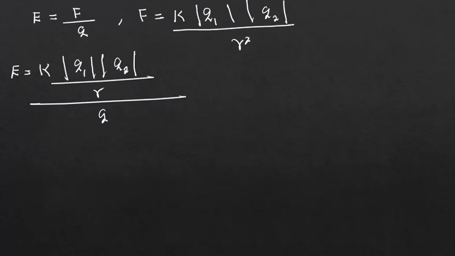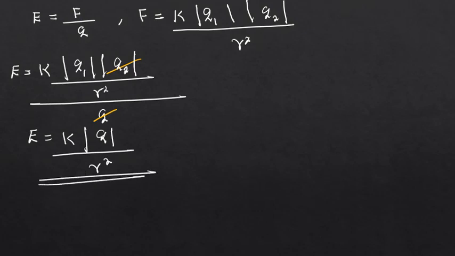So from here, this charge and this charge can go. The electric field is going to equal the constant K times the charge over R squared. And this is the formula that we'll be using for this particular topic.